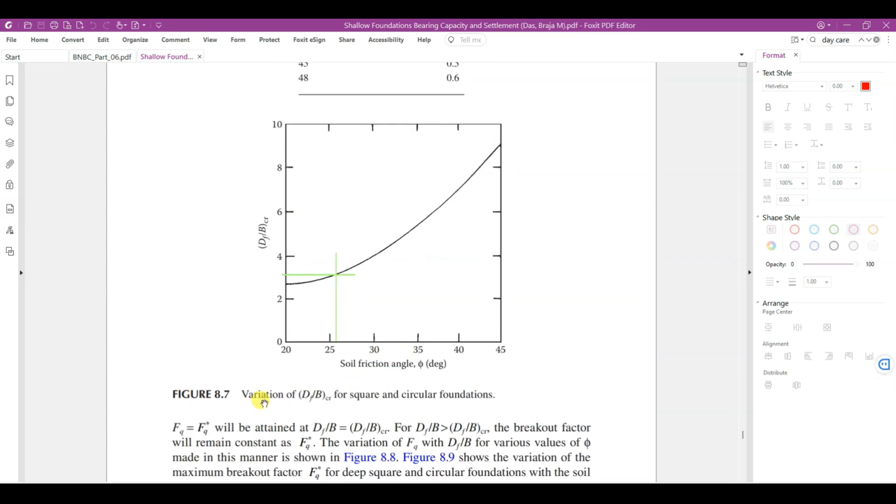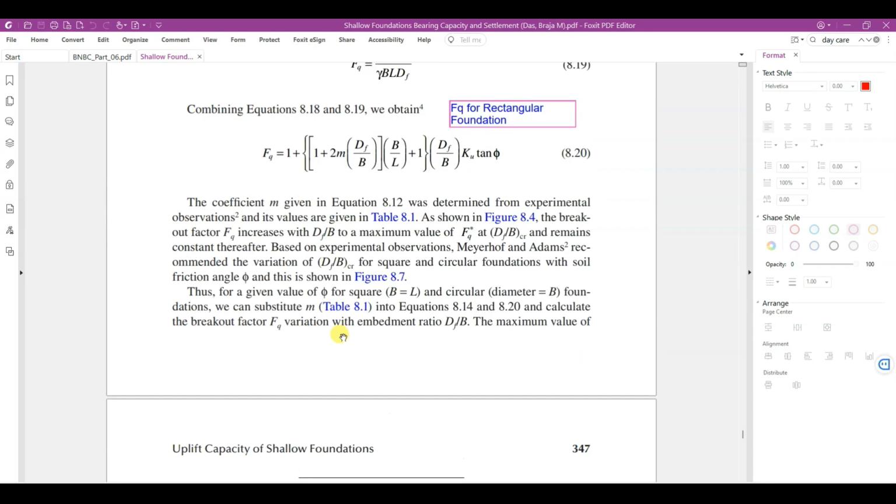First of all, Df over B critical. If we go back to this formula, FQ is dependent on M, KU, and B over L, we know them, and Df over B. Now, the graph we have shown for the maximum value of FQ is determined using the Df over B critical, which means the maximum value of Df over B up to which your FQ will be okay.